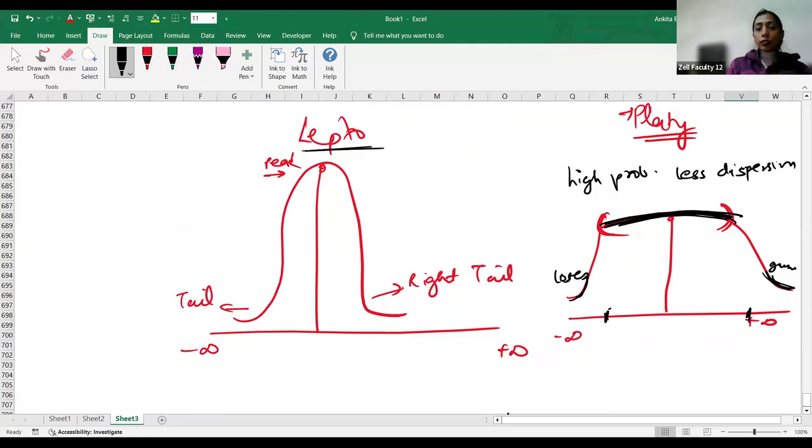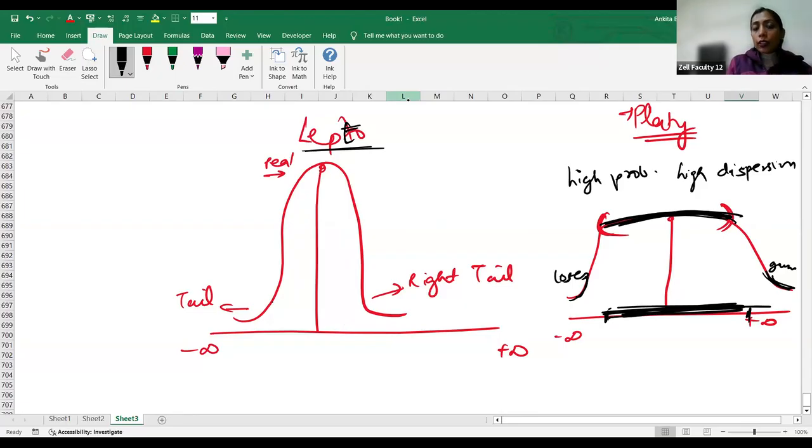But if we look at this one, the leptokurtic one. So in leptokurtic, what we can see is that this is the tail, right? So here we are saying that most of the values are on the peak. Here we have high probability and here we have high dispersion also, because see the values are in so big a range in platykurtic.